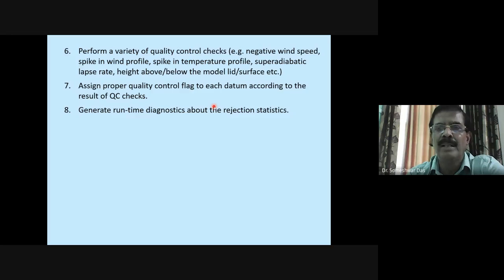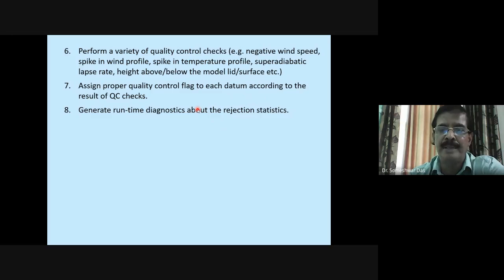So this rejection statistics is very important, and that is one of the very good roles of the NWP centers, because every day they prepare statistics of how many data are rejected and how many are accepted in the model. If too much data is rejected, then it's a serious matter, a matter of concern, right? Like NCMRWF also, if you look at the NCMRWF website, you'll find a file called data statistics for today.